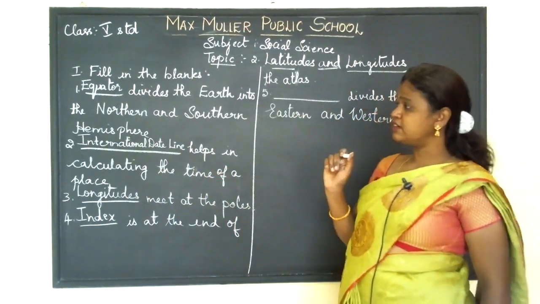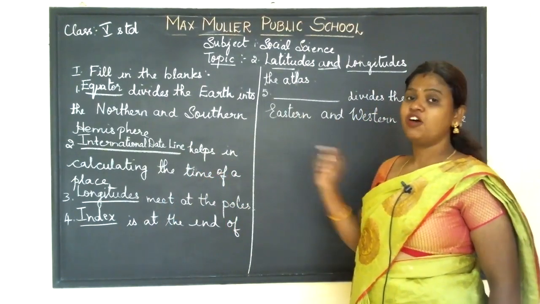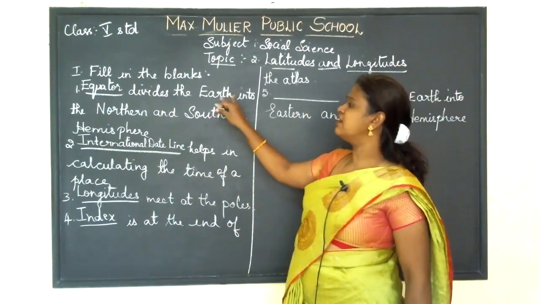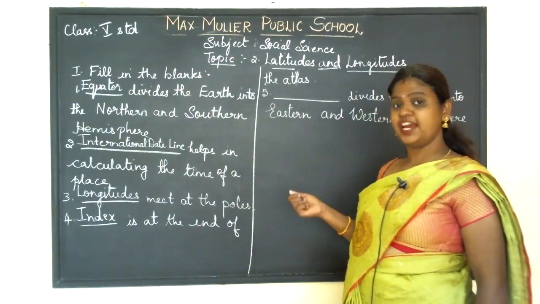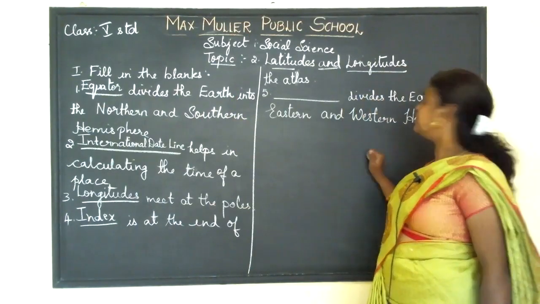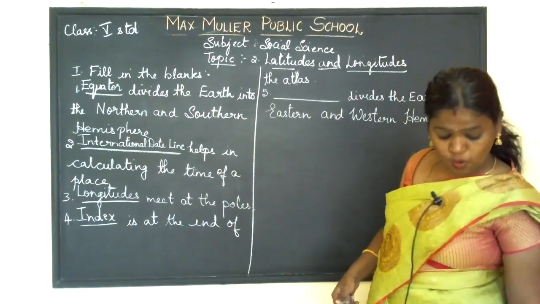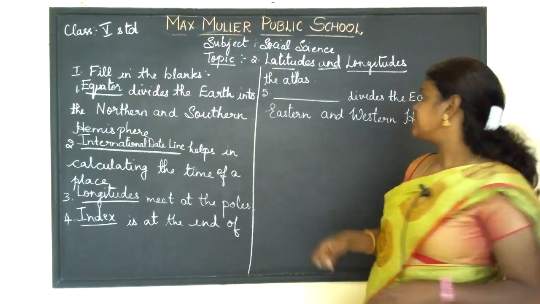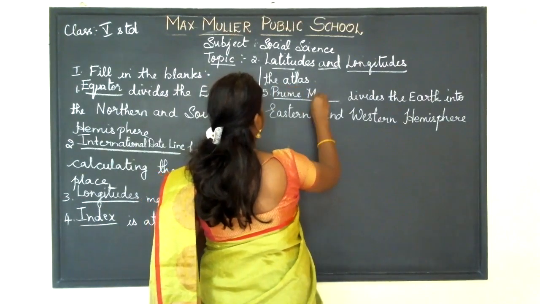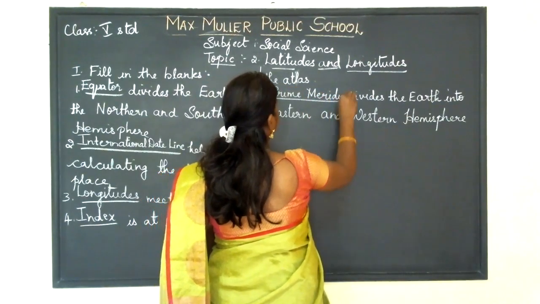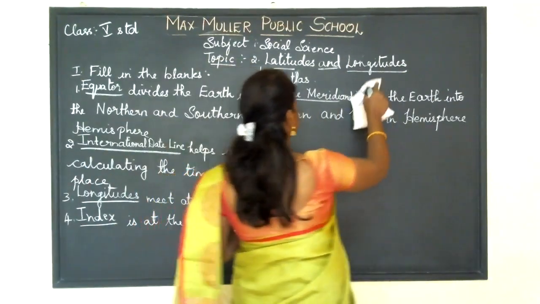In the first question of fill in the blanks, dash divides the earth into northern and southern hemisphere, the answer was equator. The other question they asked here is dash divides the earth into eastern and western hemisphere. What will be the answer, children? Any guesses? Yes, the answer will be prime meridian.